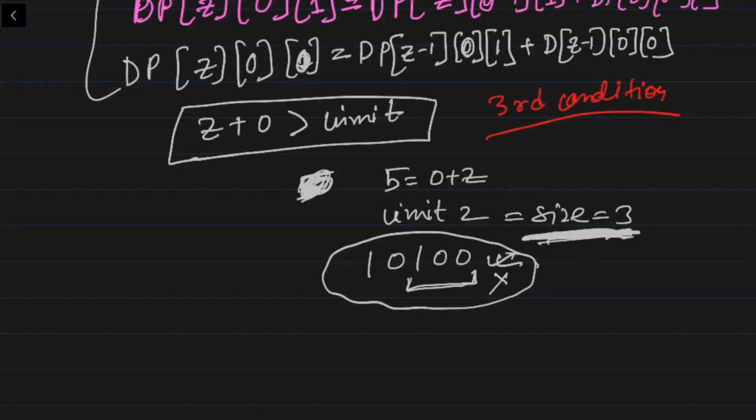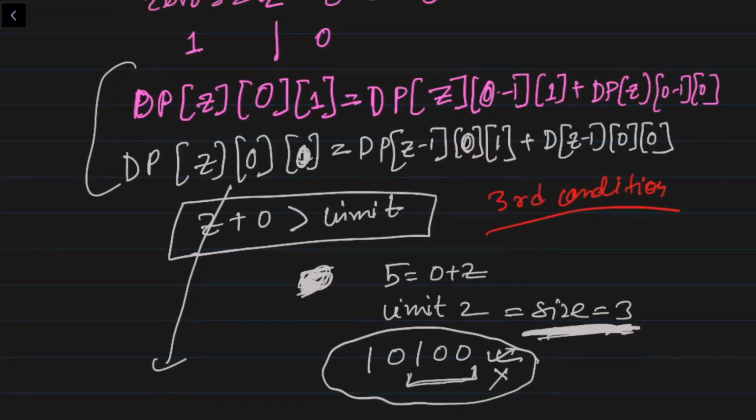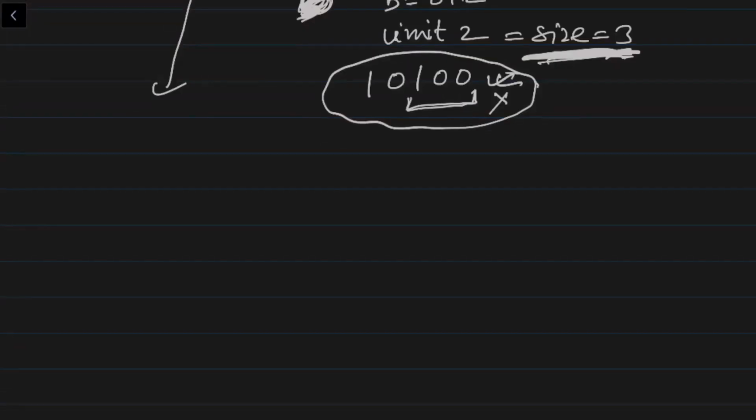Let's take an example again here. What I'm saying is, I have z number of zeros and o number of ones.